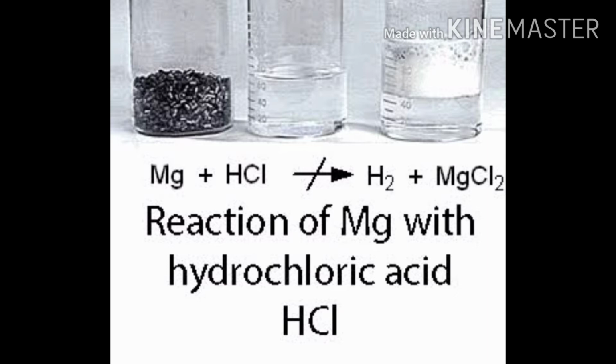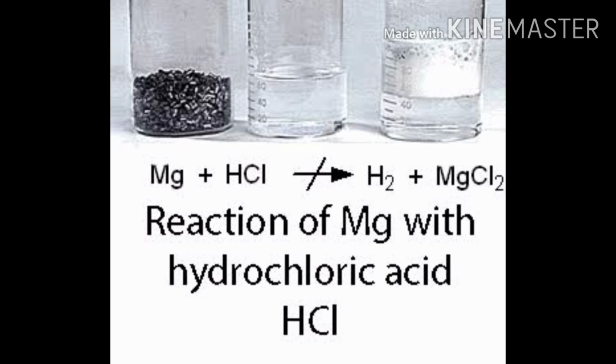The matchstick will burn with a pop sound, indicating that the gas released during the reaction is hydrogen gas. The container in which the reaction is carried out will become warm, indicating that the reaction between magnesium and hydrochloric acid is exothermic.